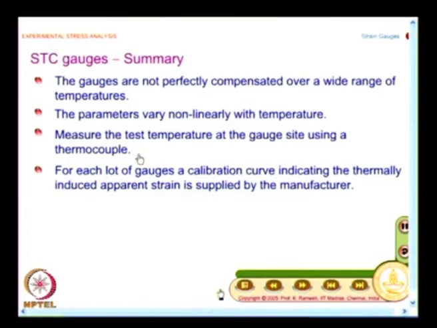Once you find out the temperature, the manufacturer supplies for each lot of gauges a calibration curve indicating the thermally induced apparent strain. That we have already seen in the earlier classes, we will again have a look at it.